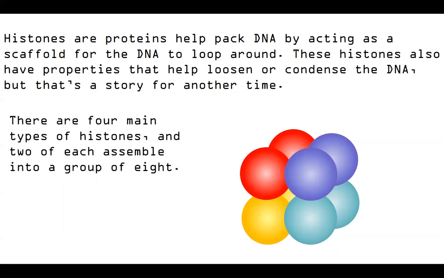So again, histones are proteins that help pack DNA by acting as a scaffold for the DNA to loop around, as we saw on the previous image. These histones also have properties that help loosen or condense DNA, but we're going to talk about that another time, probably chapter 18. Okay, so you guys probably saw that the histones on the previous slide had little tails.